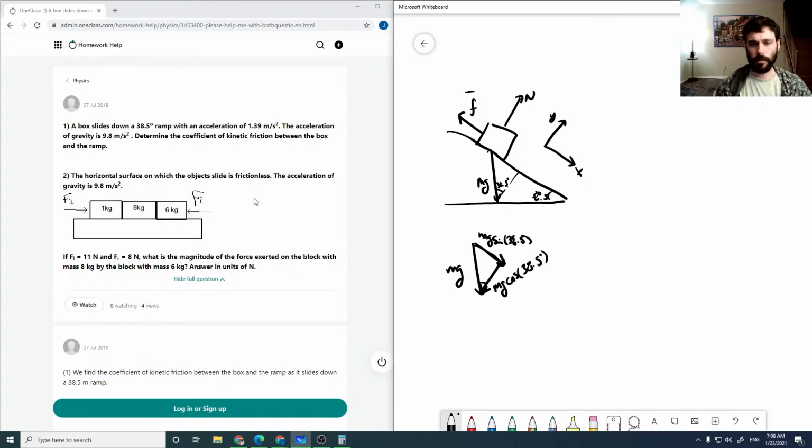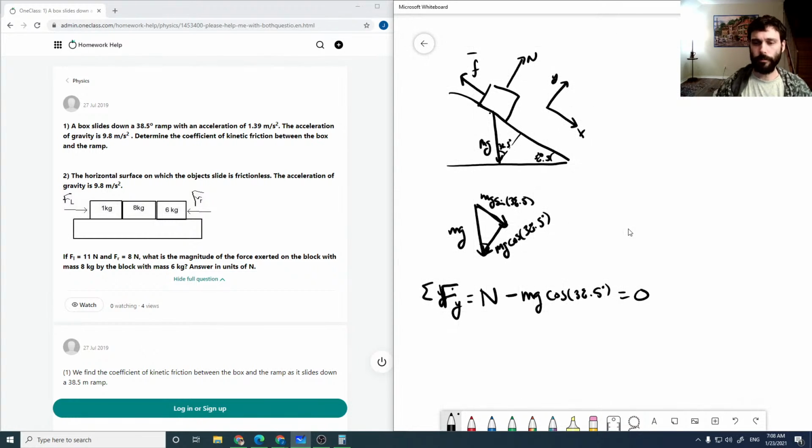So if we look at our sum of forces in the y, this equals our normal force minus our mg cosine of 38.5 degrees, which equals 0 as the box isn't moving up or down in our y direction. So our normal is just mg cosine of 38.5.